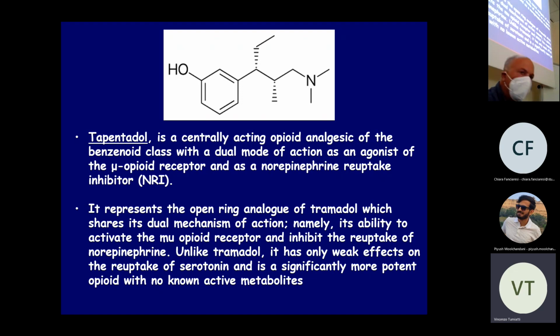It is the open ring analog of tramadol, you see. It is also able to block the reuptake of serotonin and other compounds. It's very recent.